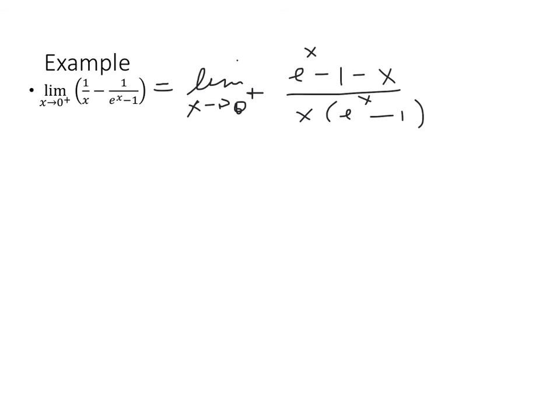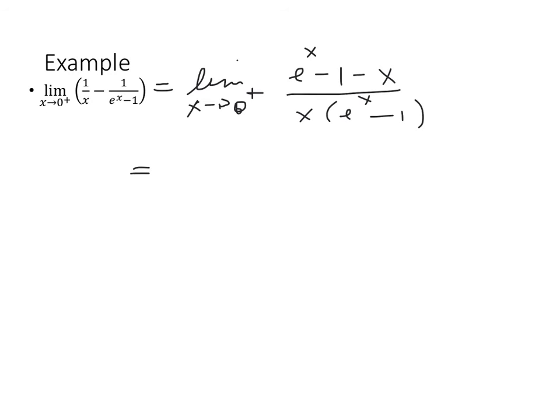So the whole numerator of this new fraction is going to 0. Meanwhile, the bottom is also going to 0, and therefore we're now in a situation where we have the 0 over 0 indeterminate form, and we are in a position to apply L'Hopital's rule.